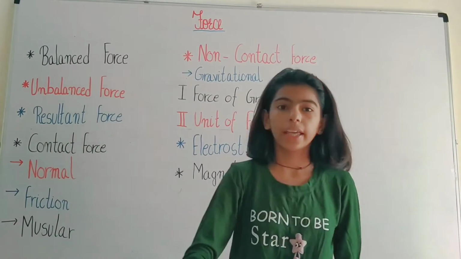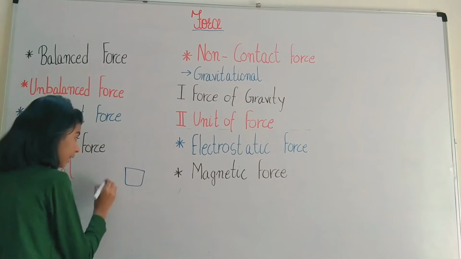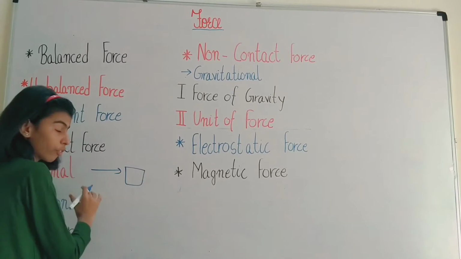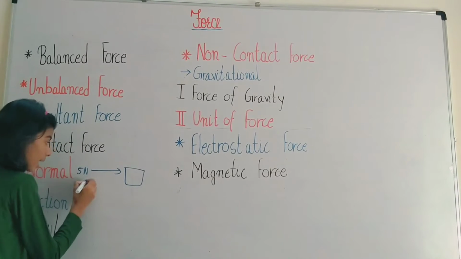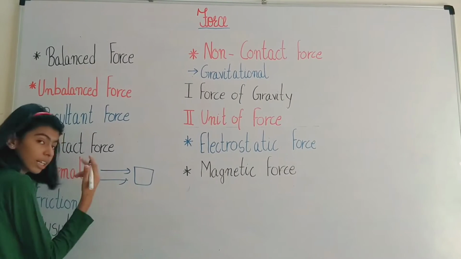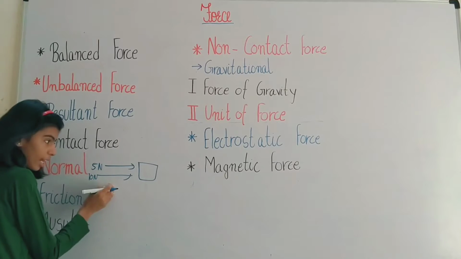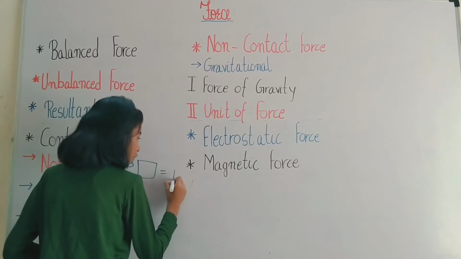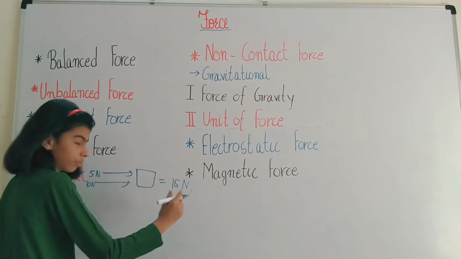Like if it is an object and the force is applied from this direction of 5 Newton, and in the same way another force of 10 Newton is applied. So what is the net force? It will be 15 Newton in this direction.